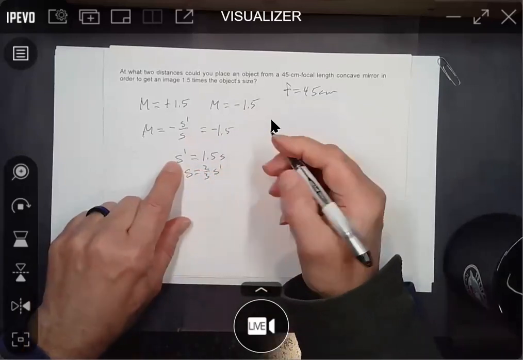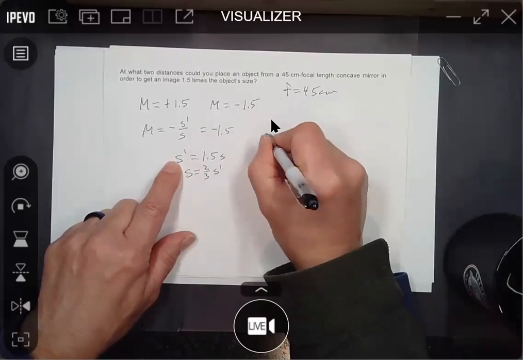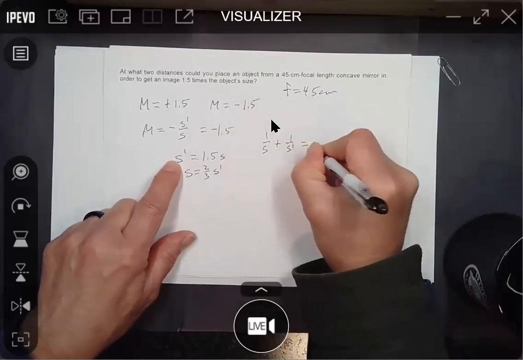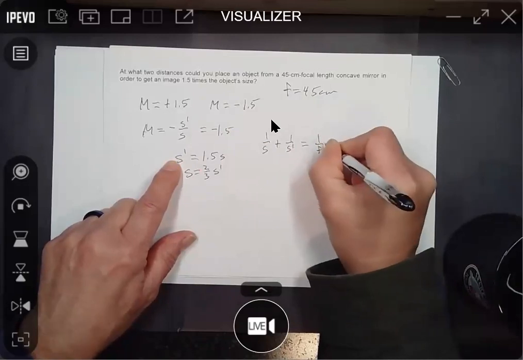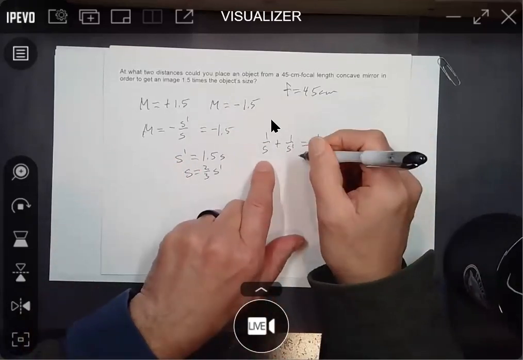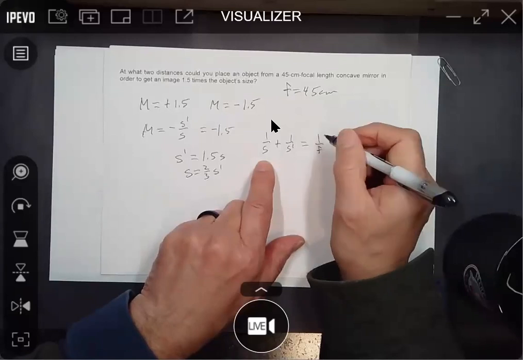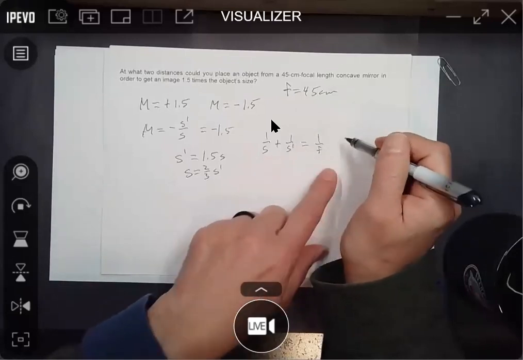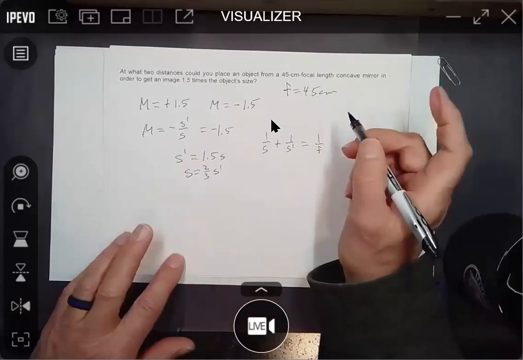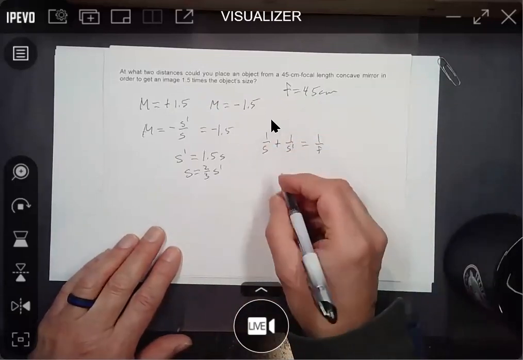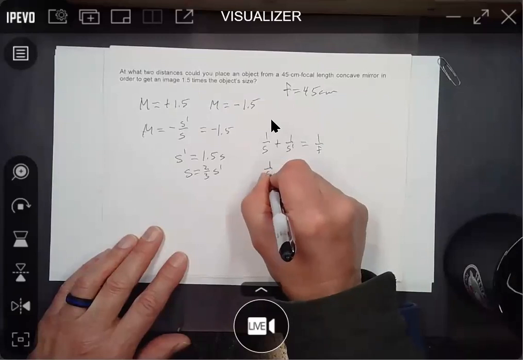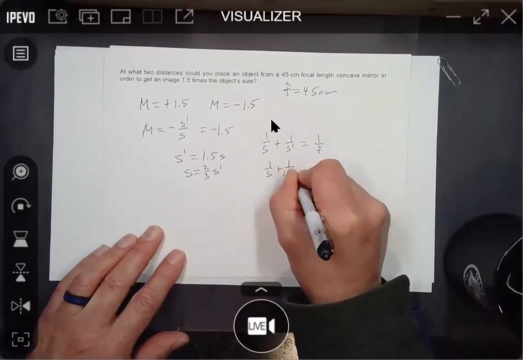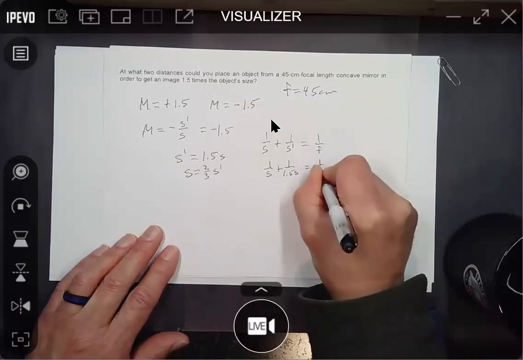Actually, this will work because I can say 1 over s plus 1 over s prime equals 1 over f, and I want to solve for s. Let's just plug it in. 1 over s plus 1 over 1.5 s is going to equal 1 over f.